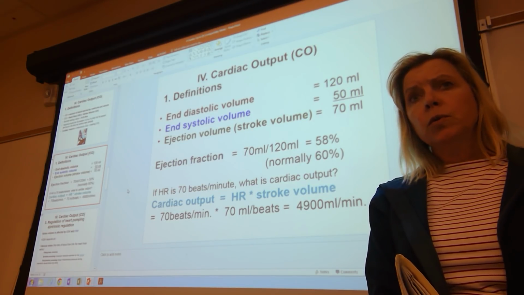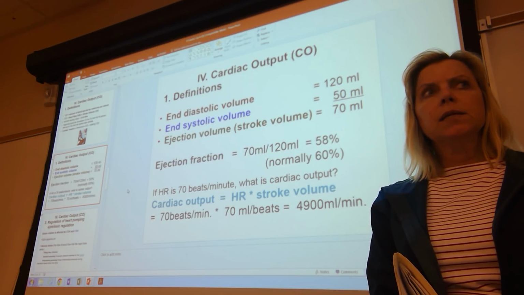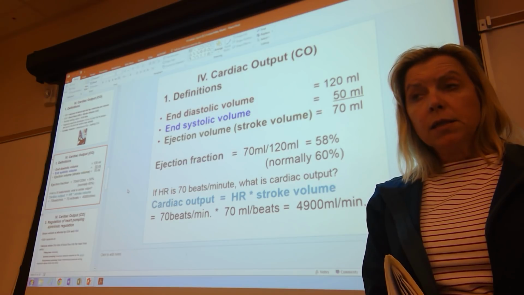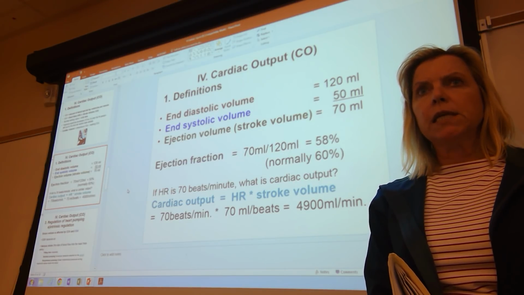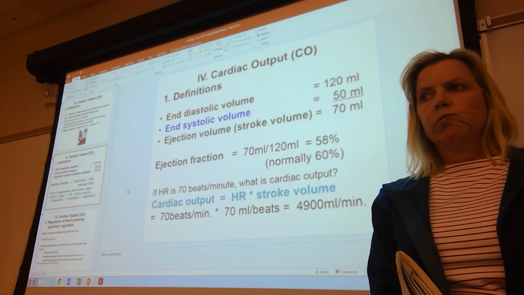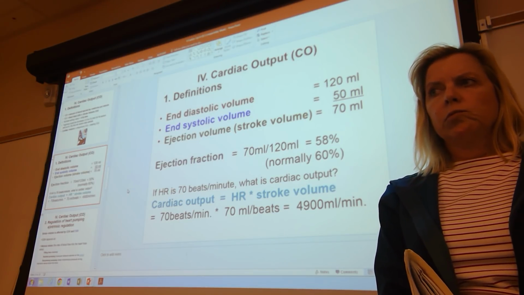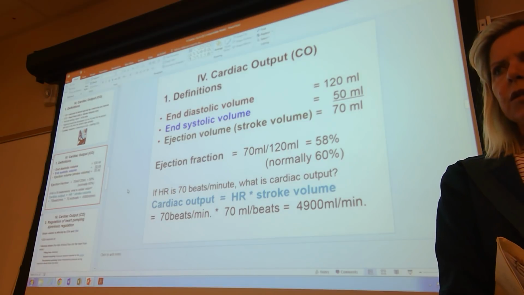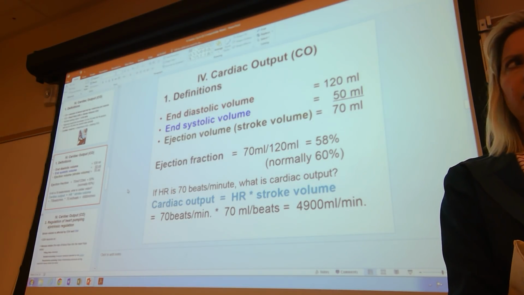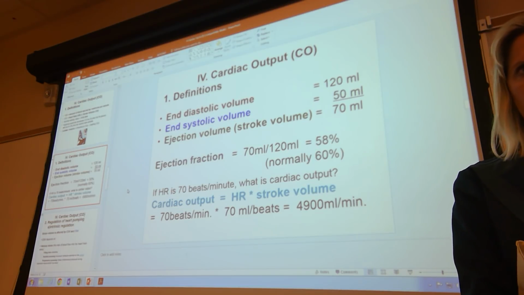I would review your terms, like what is oxygen carrying capacity versus oxygen content, and how do we measure them? What do we need? There were a couple of times where I even put it on the board.